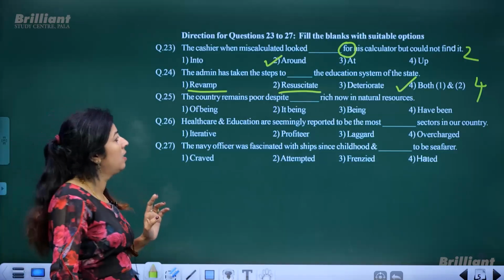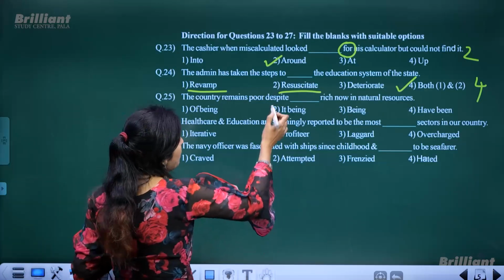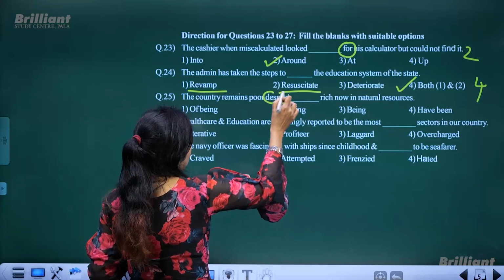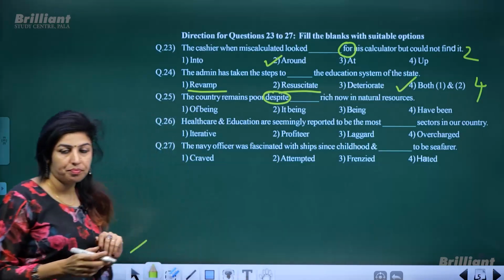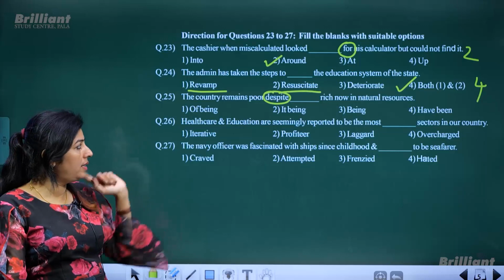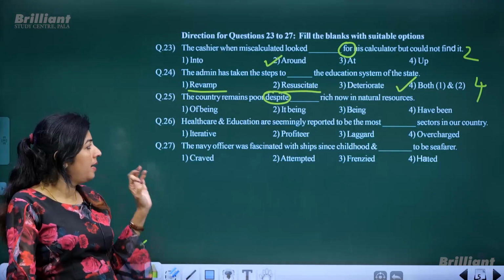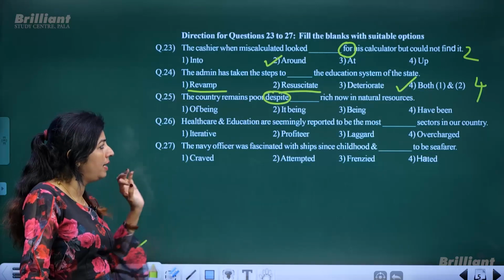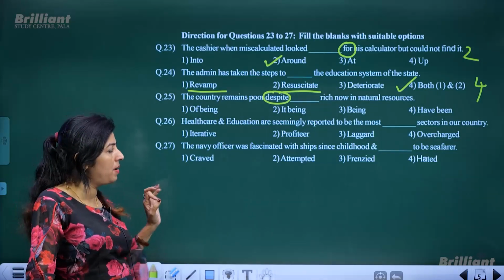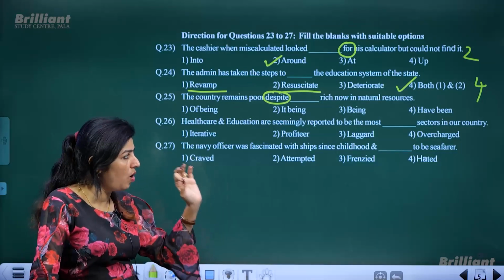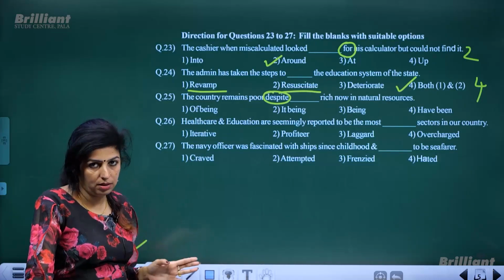Now, to get the correct answer, focus on this word, despite. With despite, you do not use any prepositions, like despite of or despite in, or despite it or is or was or have or had, nothing.